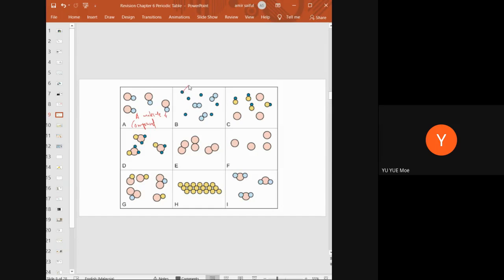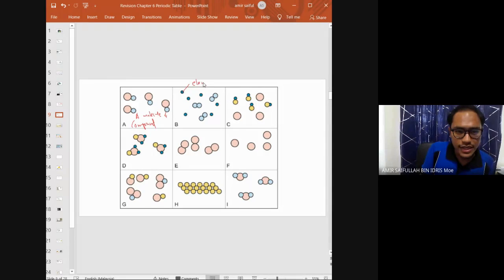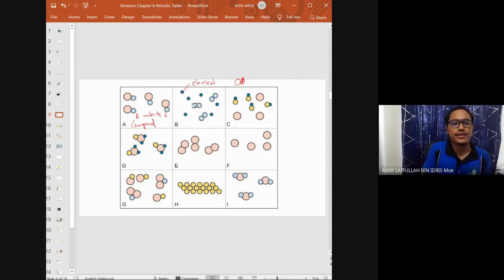The other one is not a compound. This is an element. If it is a compound, two different types combine together. But this one are all the same type, so this is an element. This one also is an element. But then this is a mixture of an atom of an element and what?